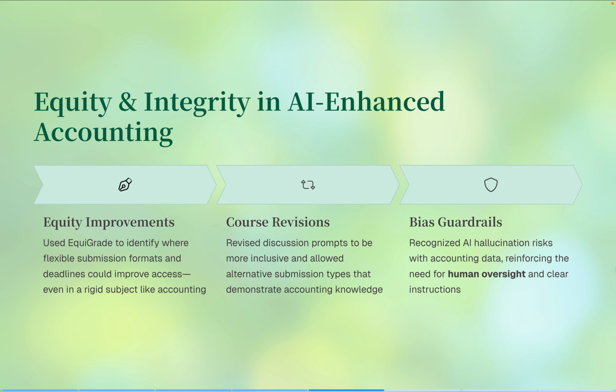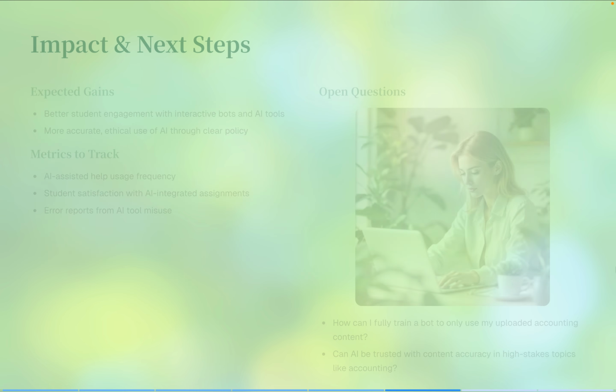In the course revisions, I revised some discussion prompts to be more inclusive and allowed some alternative submission types that can demonstrate the student's accounting knowledge. And then lastly, some bias guardrails. We recognize that AI hallucination has risks with accounting data, reinforcing the need for human oversight and clear instructions.